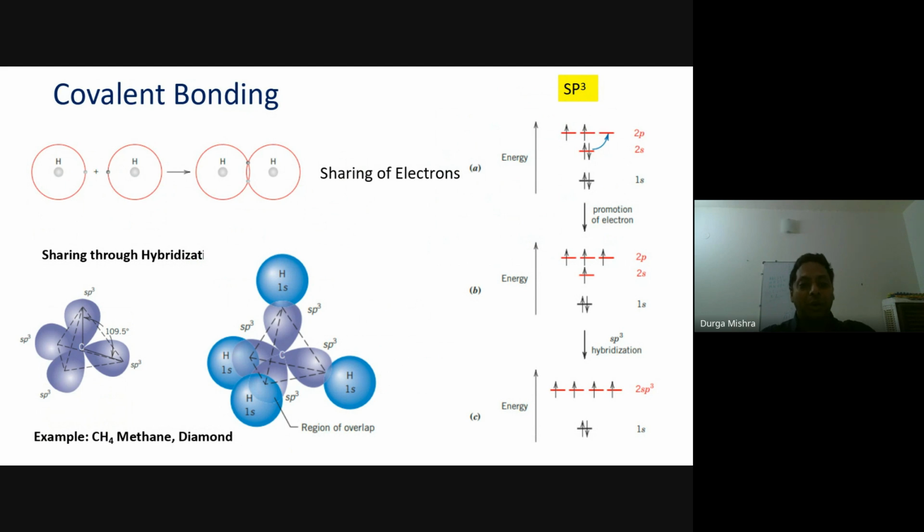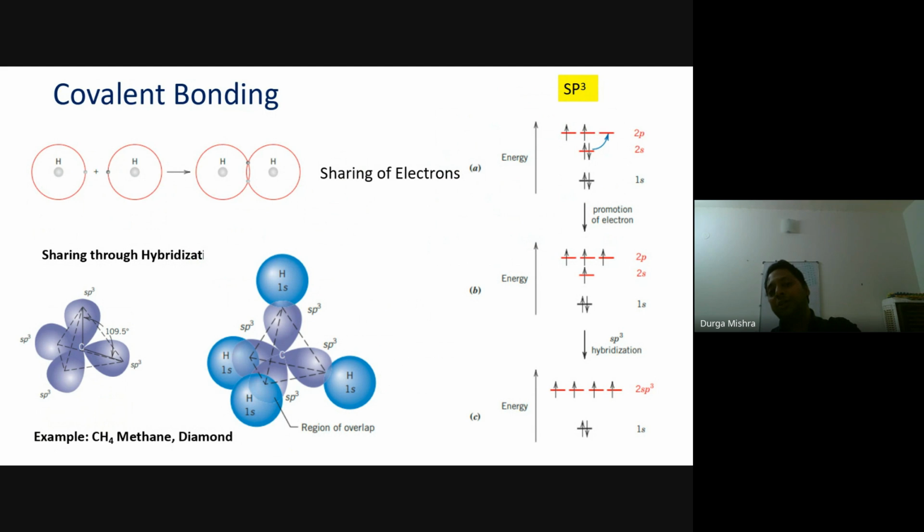So you have a sharing of electrons. The top one shows simple sharing between hydrogen and hydrogen, how the hydrogen molecule forms. You have two hydrogen atoms, they share one electron each, and you have two electrons per hydrogen molecule.